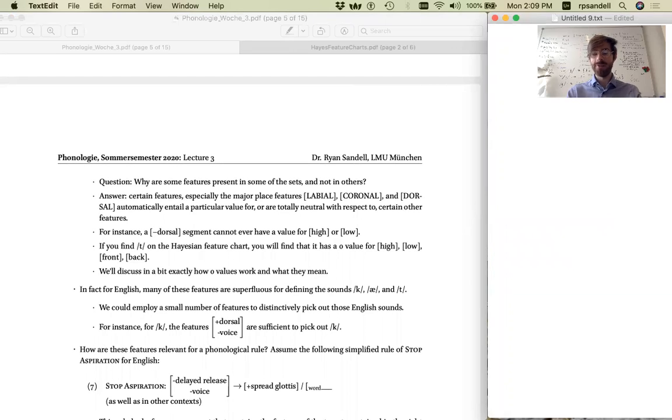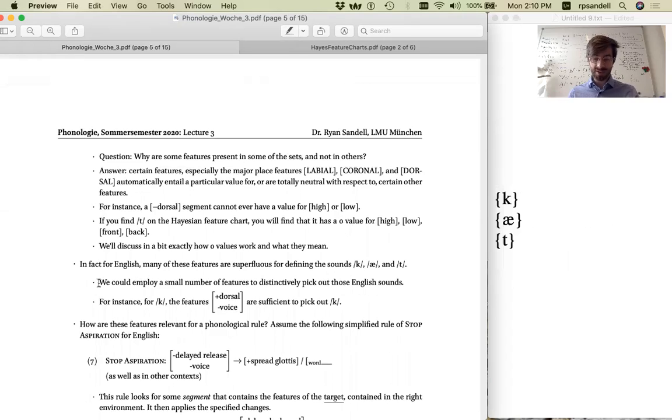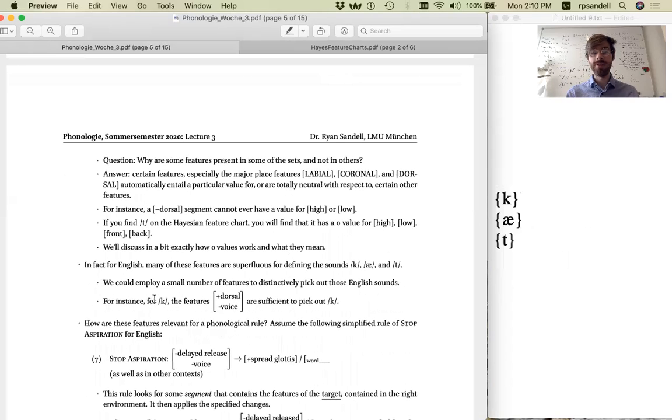So if we want to make a natural class just of ka or a or ta in English, we don't need to use all of these features. It's sufficient to use some smaller set of features.